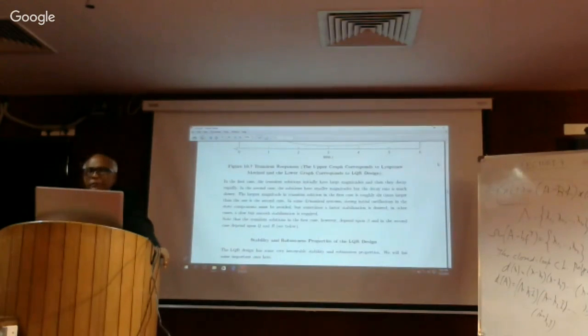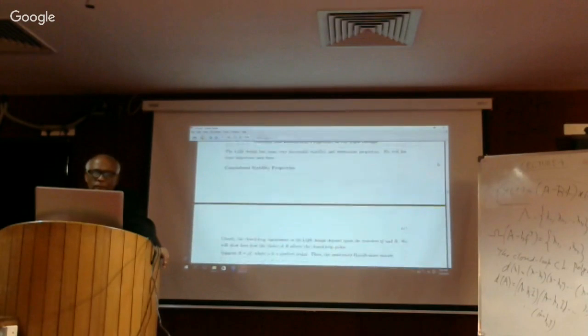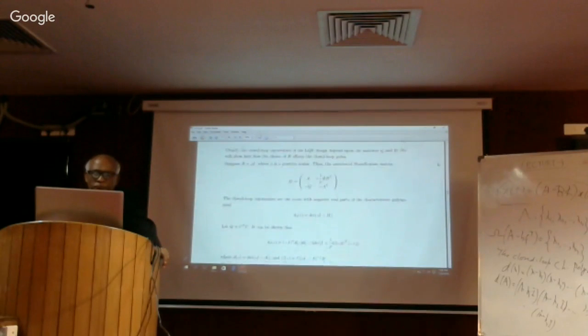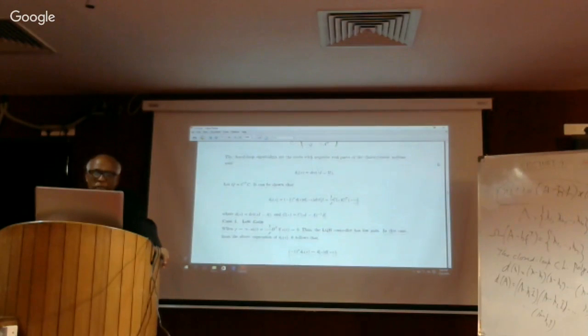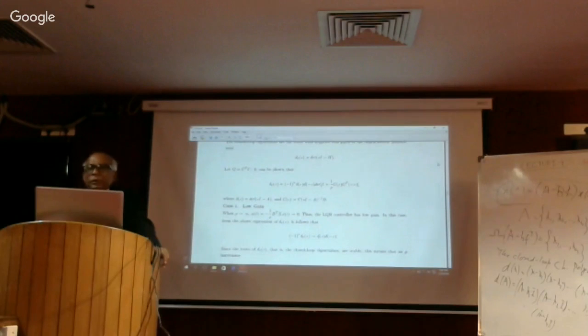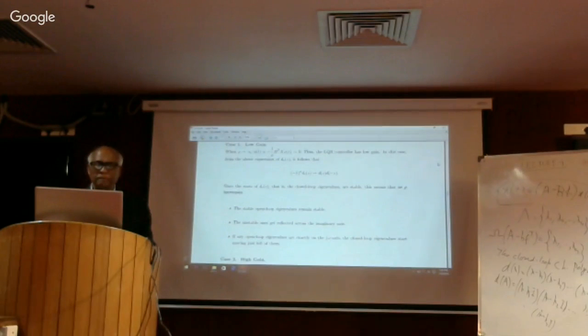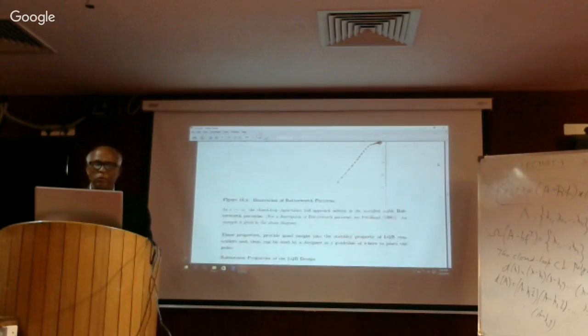And in this case, you have to know how to choose the two given matrices. There is a lot of discussion on how to choose Q and R to achieve certain design constraints, but I'm not going to cover that. So high gain, low gain, you can look at that yourself.